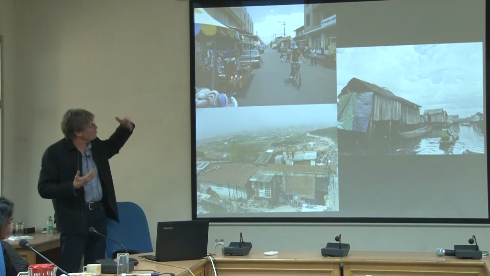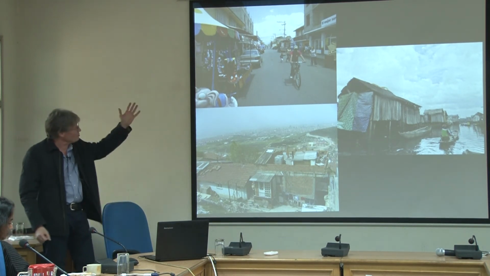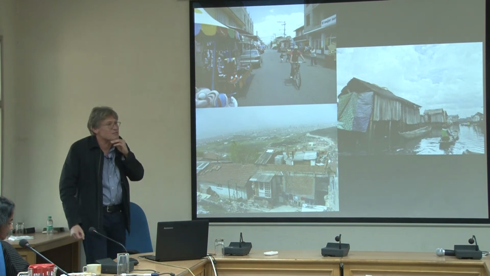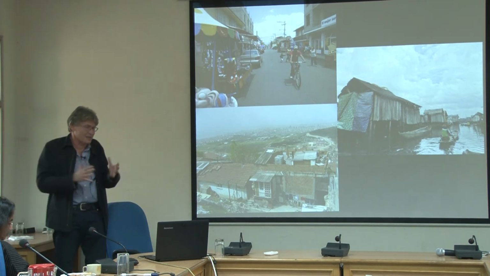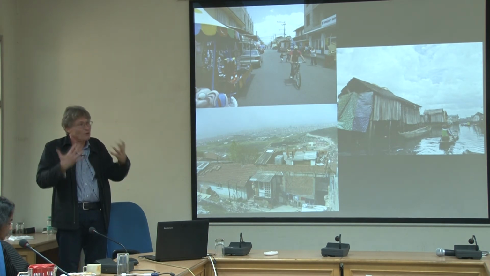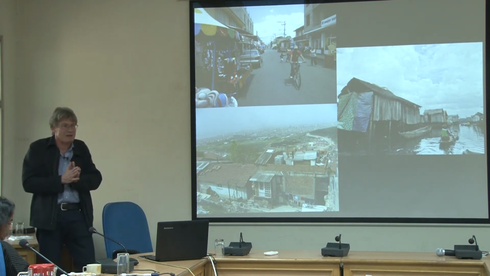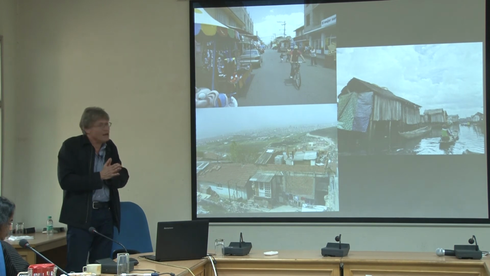And one example is Mexico City. Half of the houses in Mexico City are self-constructed, so that's something that really happens, that people construct their own houses by themselves, with their own hands.